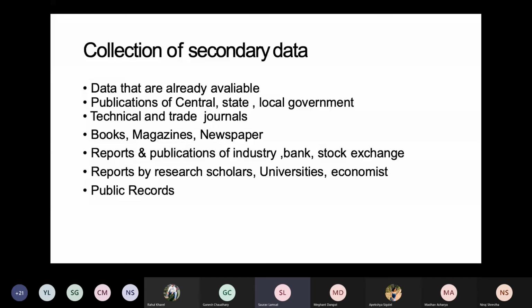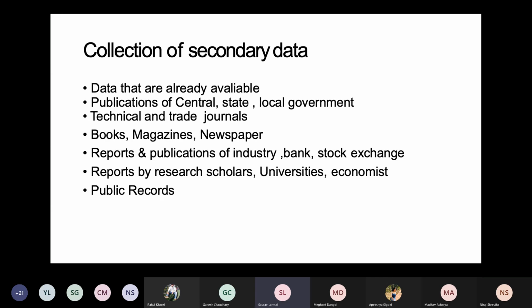Now moving on to the collection of secondary data, which are already available. These include publications of central, state and local governments, technical and trade journals, books, magazines, newspapers, or public reports, whatever it is.